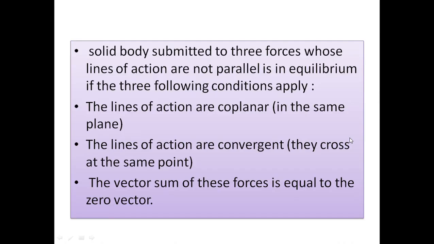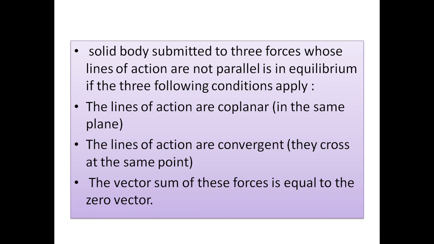What is the next example? A solid body submitted to three forces whose lines of action are not parallel is in equilibrium if the three following conditions apply. Now we are going to discuss equilibrium of a body under three forces that are not parallel. We have discussed three parallel forces.